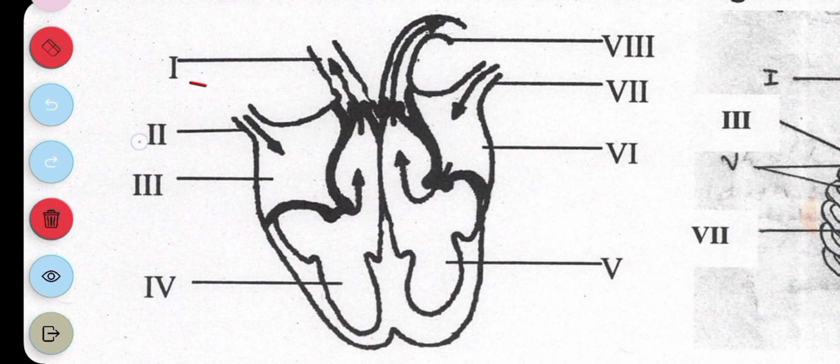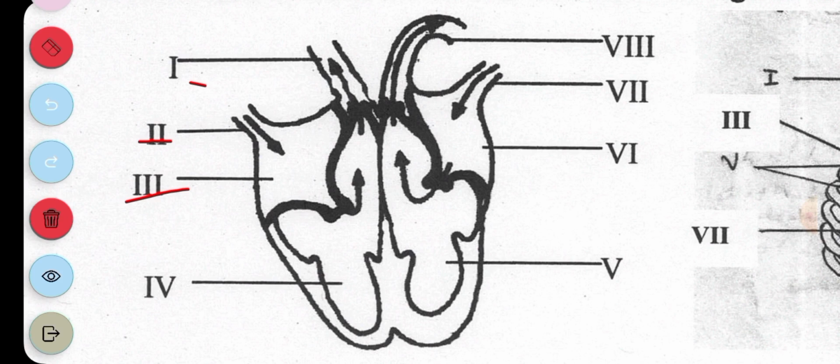Then II is the vena cava, which receives the deoxygenated blood. Then III is the right atrium. Take note that even though you are seeing it on your left, it's the right, because when you turn it, it falls on the right part of your body.